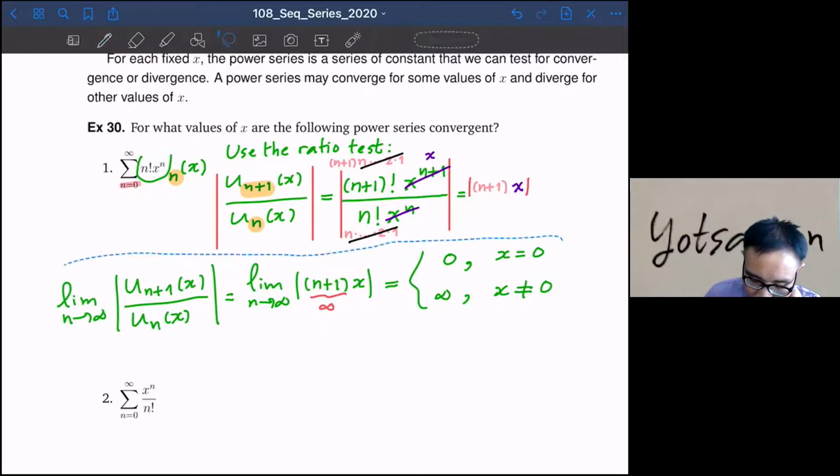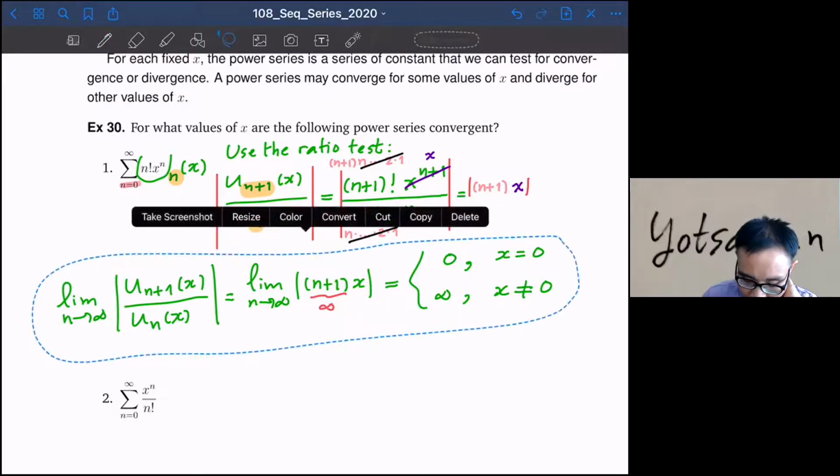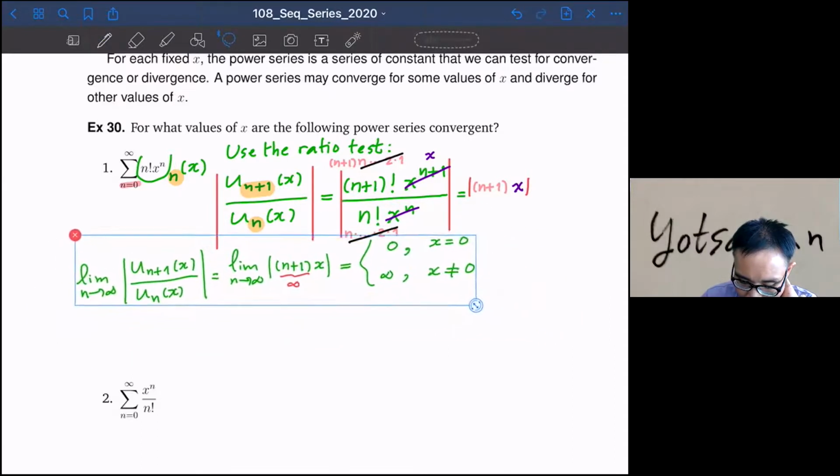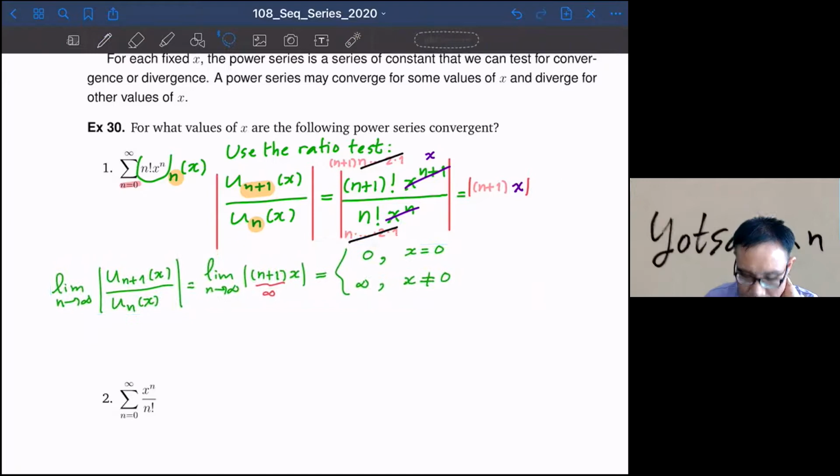And by using the ratio test, the thing that you're going to be able to conclude will be, this one will imply convergence, and this one will imply divergence.